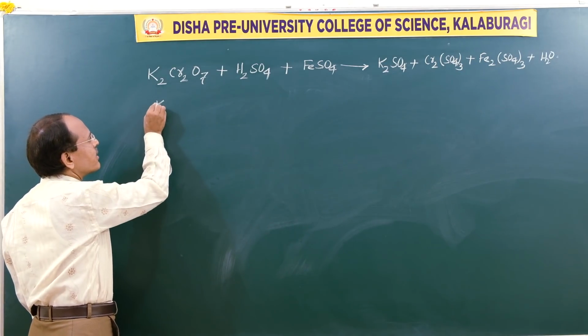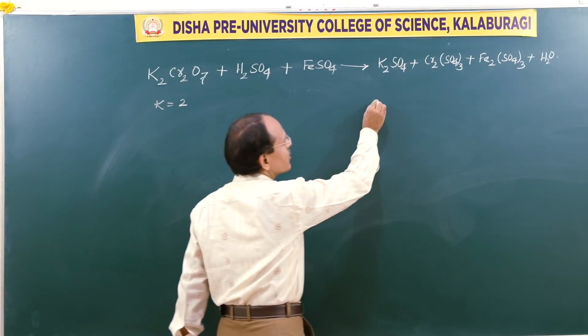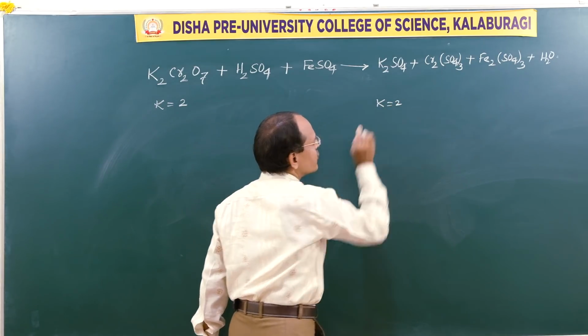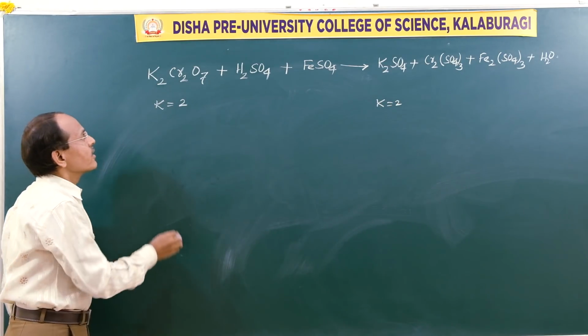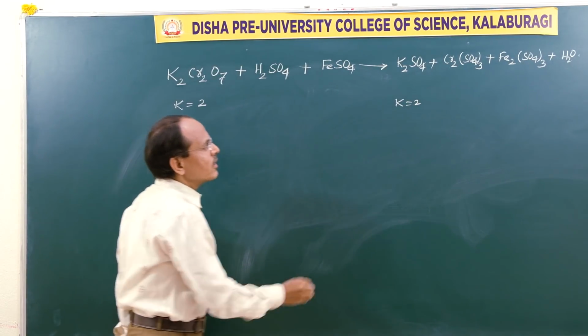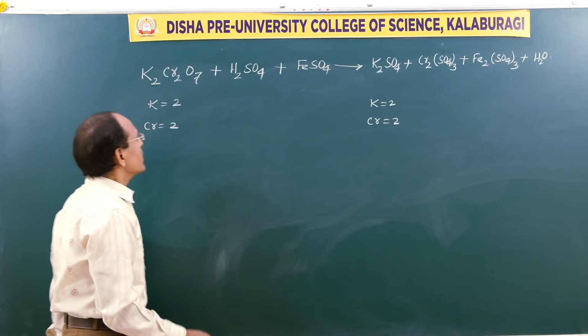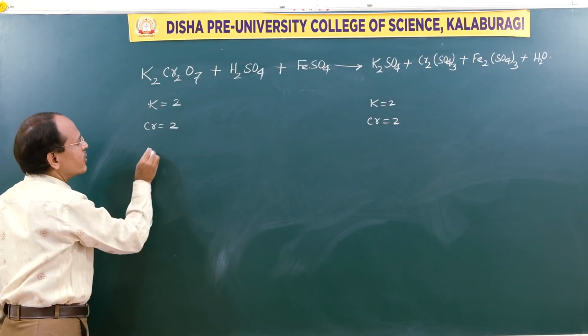First I'll write K equals 2. Here also, from the potassium point of view, it was 2. Then chromium, it is 2, and here also chromium is 2. Then oxygen.